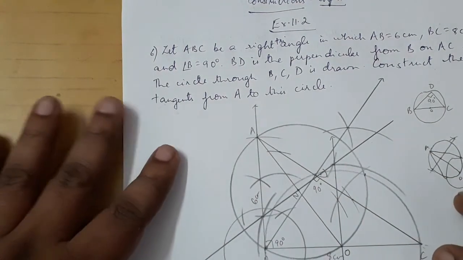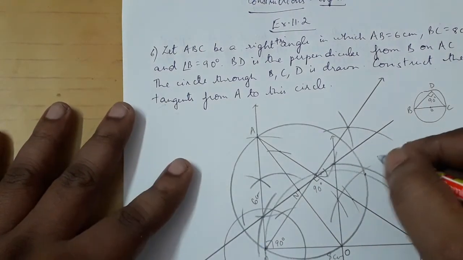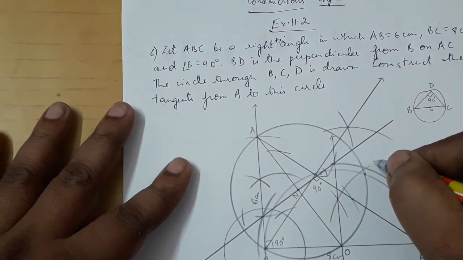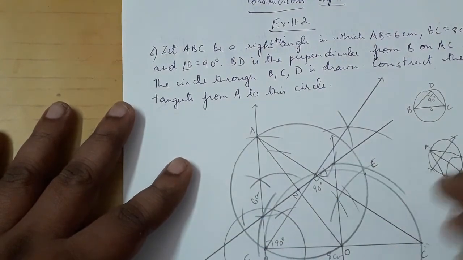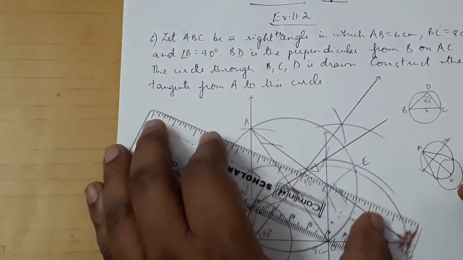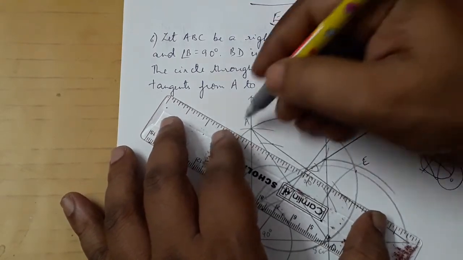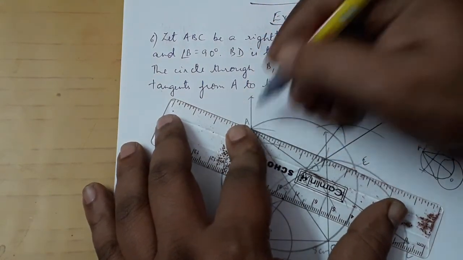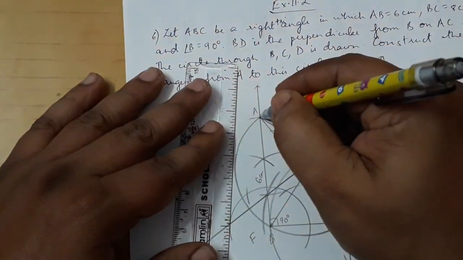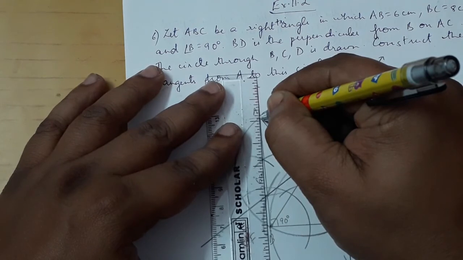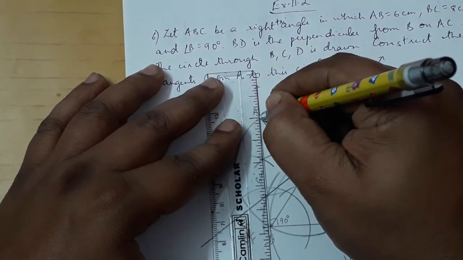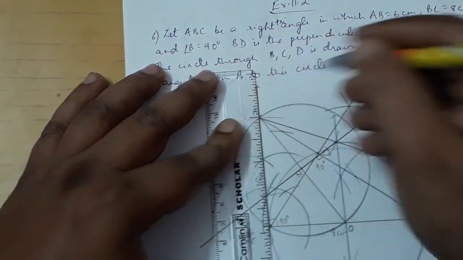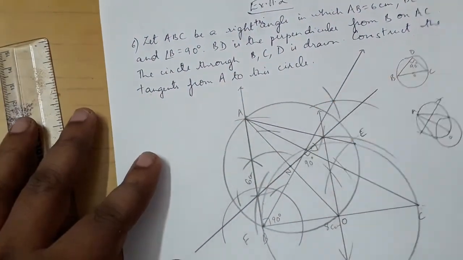I'll give these names, maybe E and F. Okay, and all I have to do then is join A to E to get our first tangent this way, and join A to F, sorry, not B F. Get another triangle. So you see the two tangents.